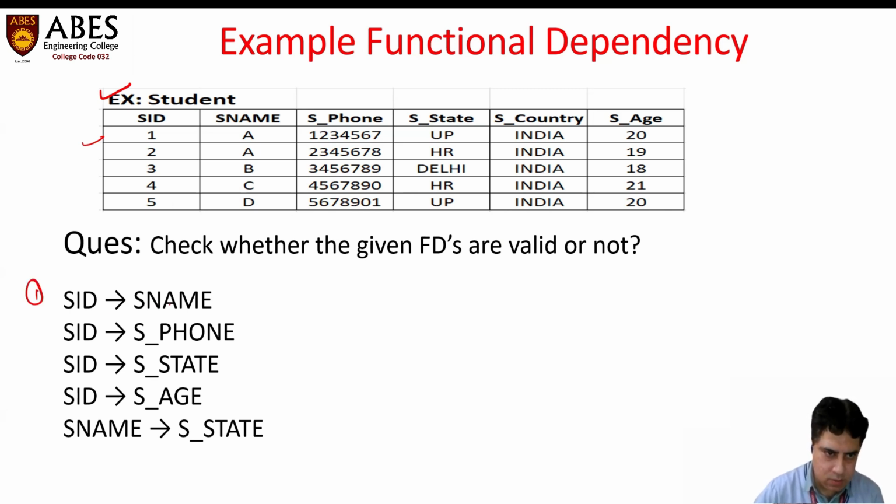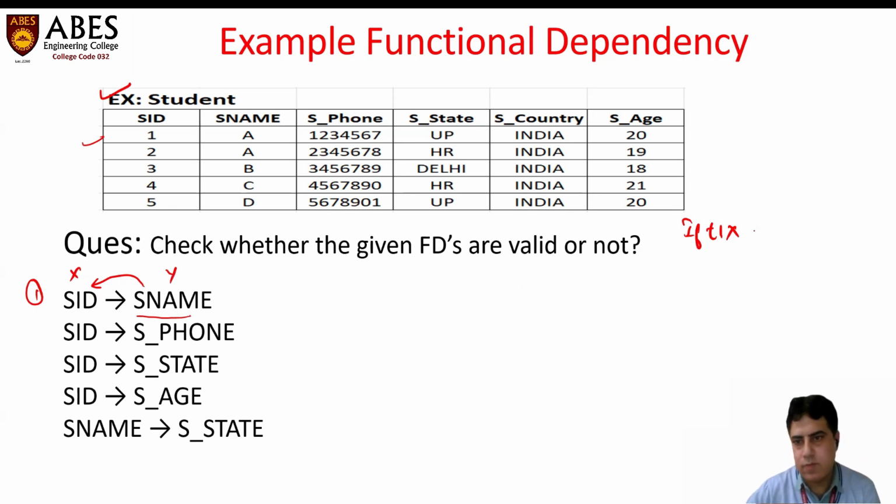First, student ID determines student name. Student name is the dependent attribute that is determined through student ID. Now the formula: if tuple 1 X, our student ID, equals tuple 2 X, then we need to check that tuple 1 Y, the student name, must equal tuple 2 Y.